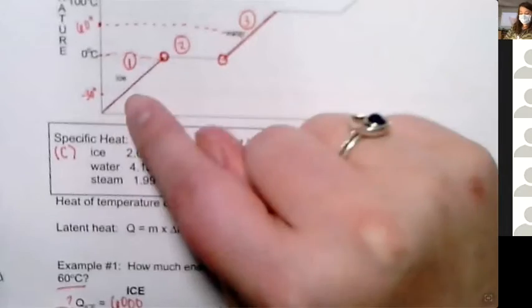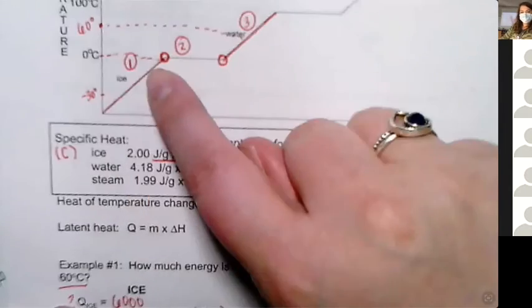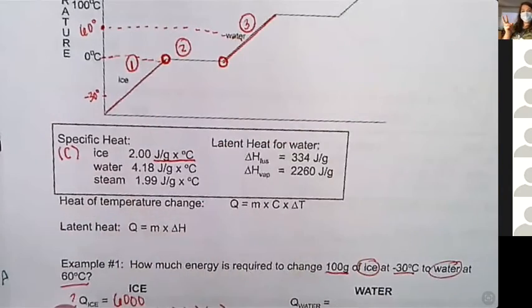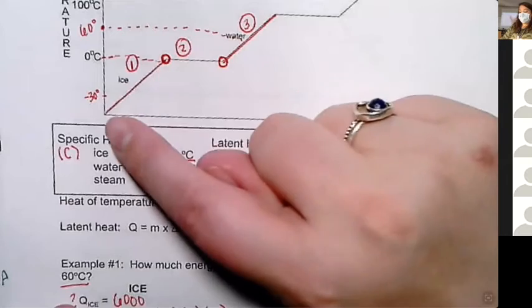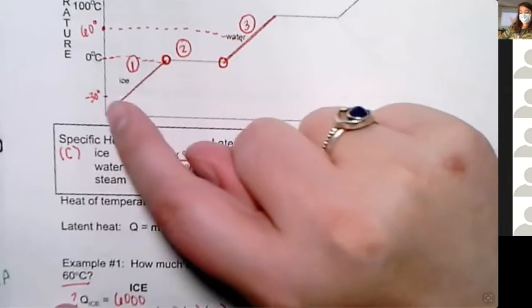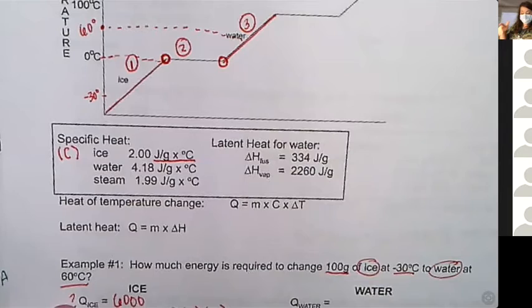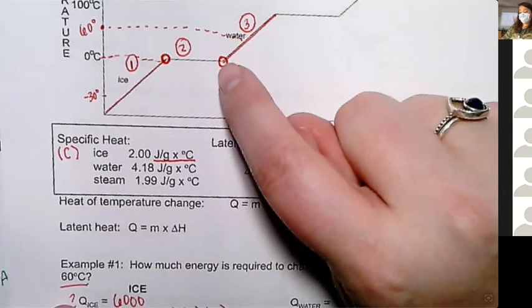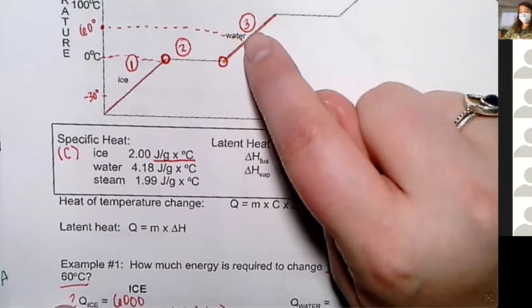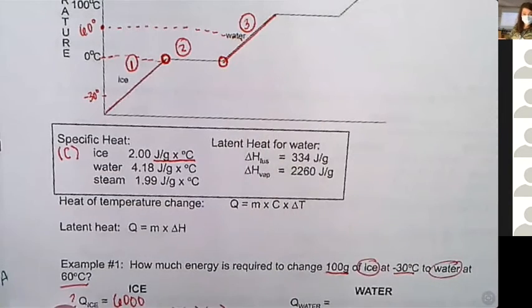That's where ice is. But then it changes from ice to water. So we have to calculate them separately. We first did ice, and we went from negative 30 to 0. So that was 30 degrees of temperature change, delta T. And then from 0 degrees, which is where water starts, all the way up to 60 degrees, which is where the problem tells us that we ended up. So that's how we got 60.